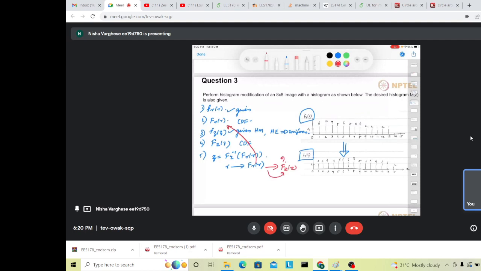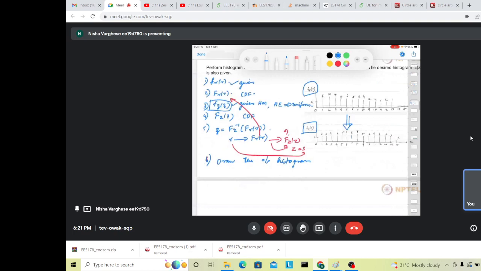That Z is the output. So R will be converted to this S. Then draw the output histogram. So we can say that histogram equalization and histogram modification are both similar, but F_Z(Z) is uniform in the case of histogram equalization, whereas in histogram modification F_Z(Z) is the given histogram. Okay.